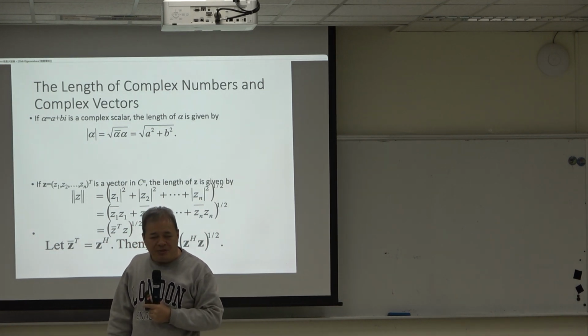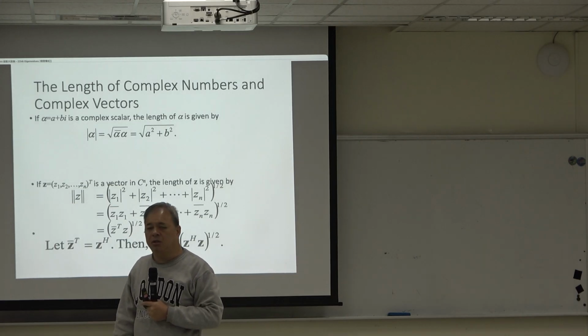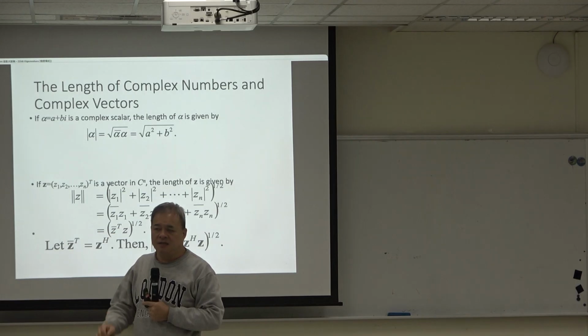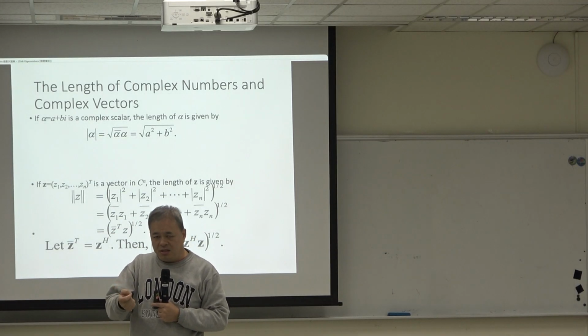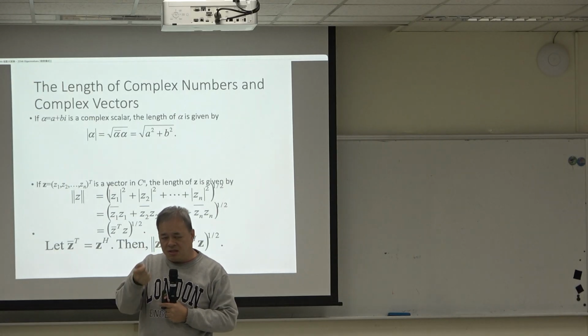So remember the Hermitian of vector Z is its conjugate and transpose.